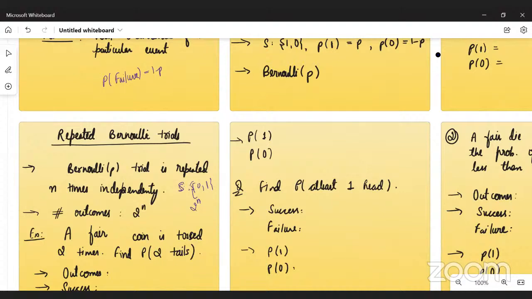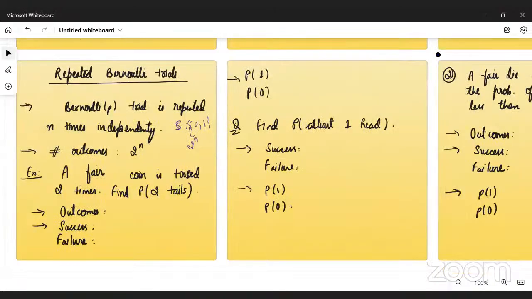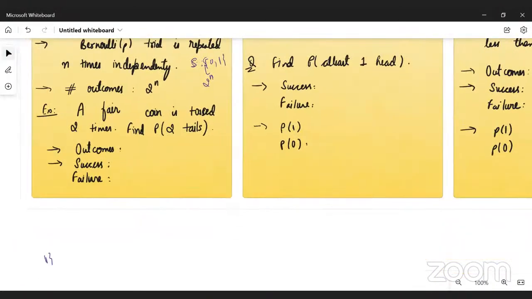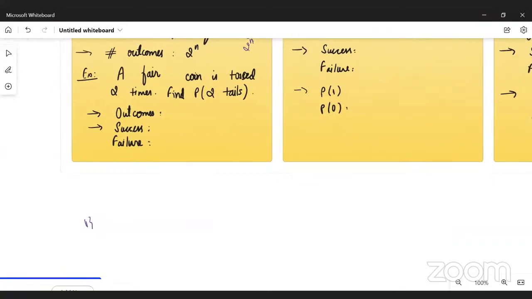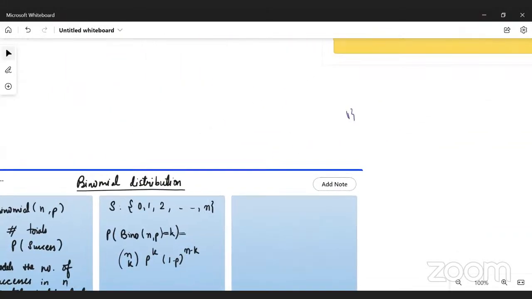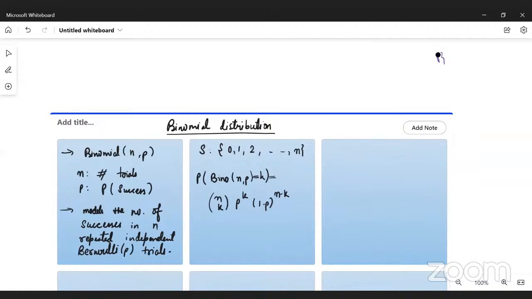In that case, the distribution that models this is the binomial random variable. The binomial random variable basically models the number of successes that you get in n repeated independent Bernoulli trials. So let's say this is my first trial, second trial, third trial.